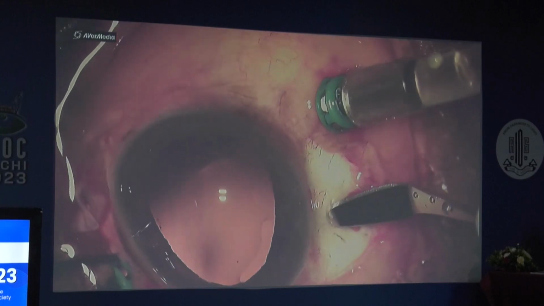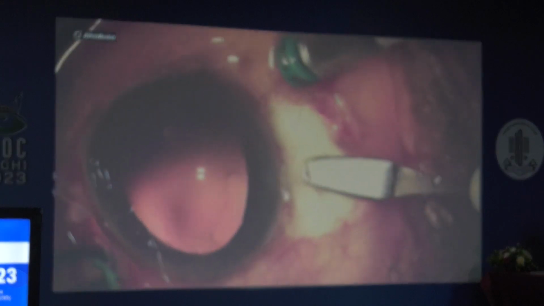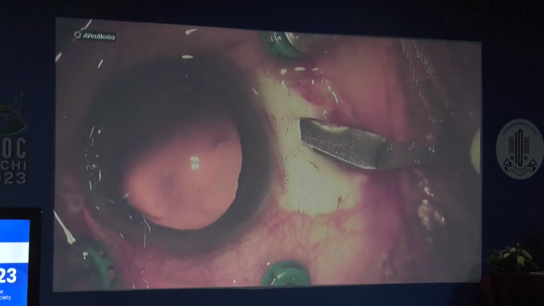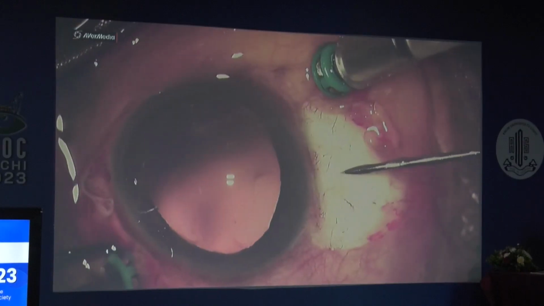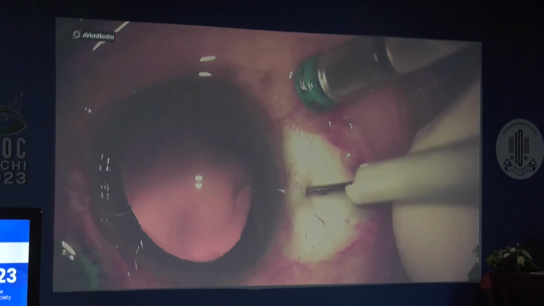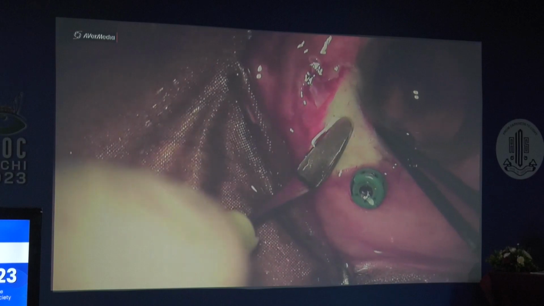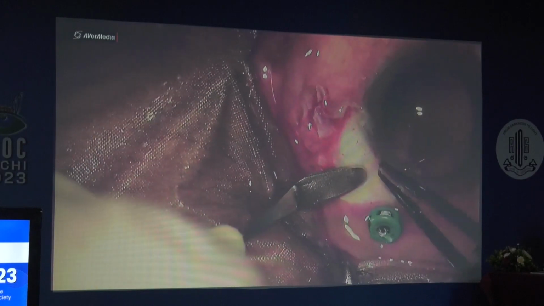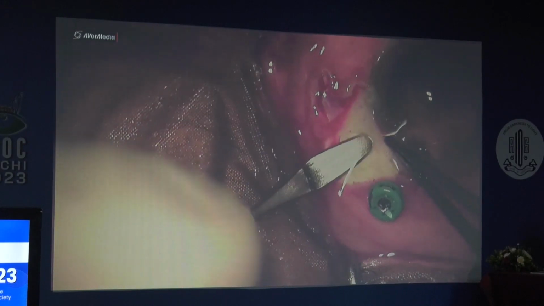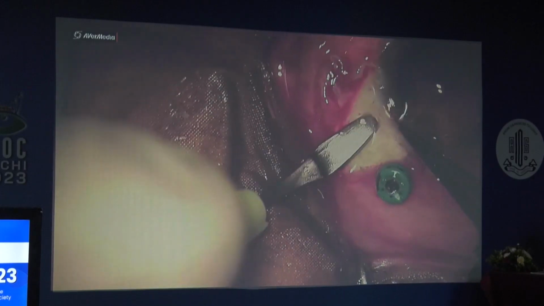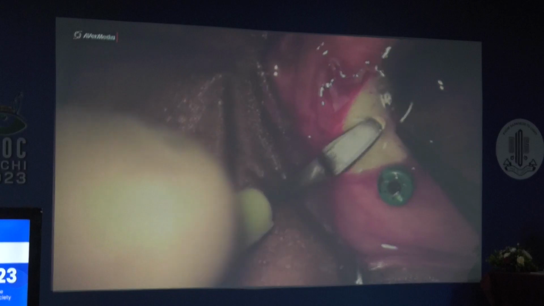Now a curved paralimbal scleral flap is made approximately 3 millimeters away from the limbus, and the flap is extended approximately 1 millimeter towards the limbus. And the sclerotomy is being performed with a 25 gauge trocar. Similar process is repeated on the other side. It's extremely important to make sure that the two sclerotomies are absolutely 180 degrees apart.